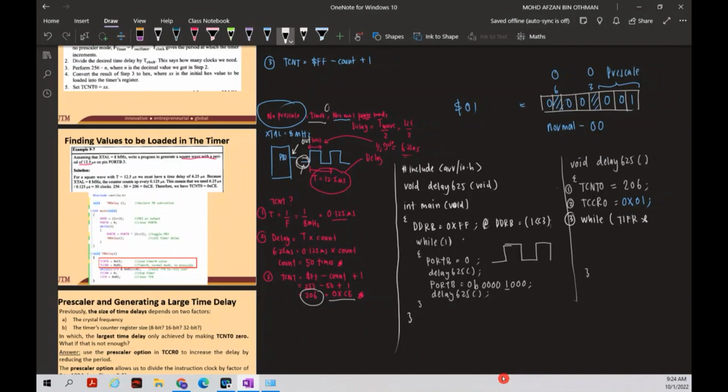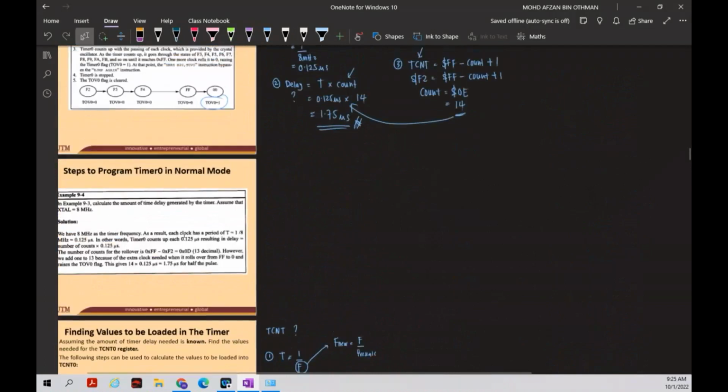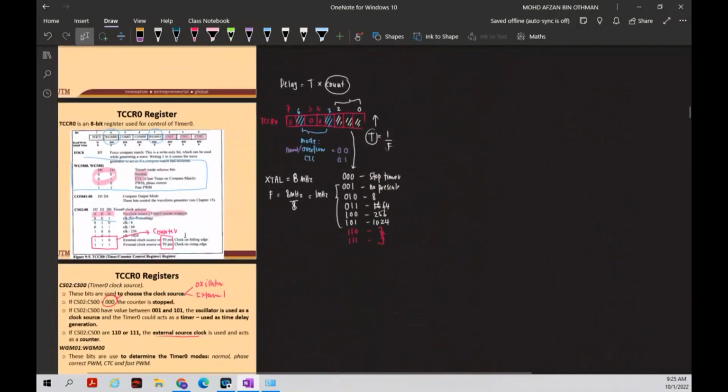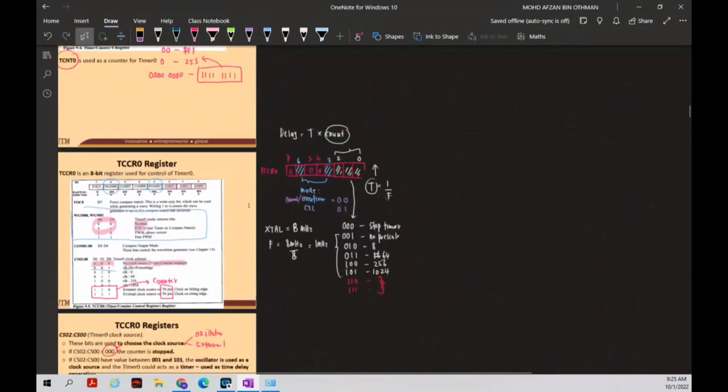So you need to look. You need to refer to your TIFR. Okay, in which bit the TOV flag is located. So in this case, we go back to the TIFR. Where is our TIFR? So this is TCCR0.